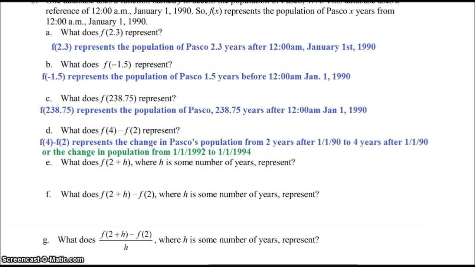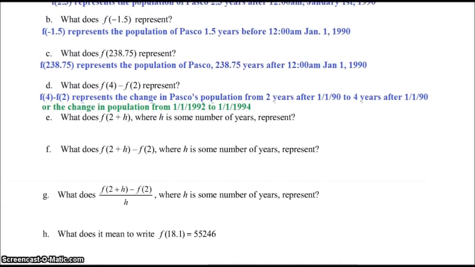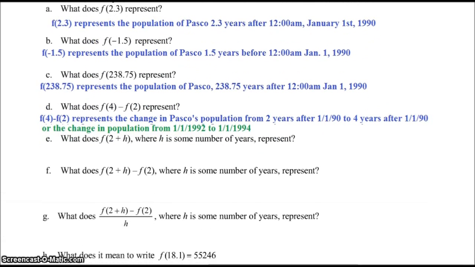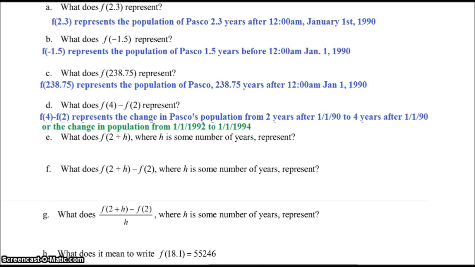Okay, so parts E, F, and G, kind of interesting. What does f of 2 plus h, where h is some number of years, represent? Well, it's obviously the population h plus 2 years since 1990. But we might want to try to put this in a little bit more context.